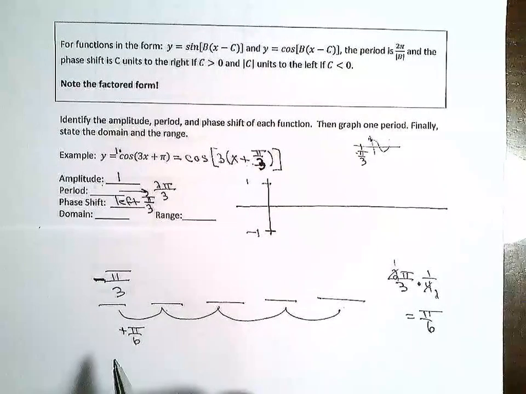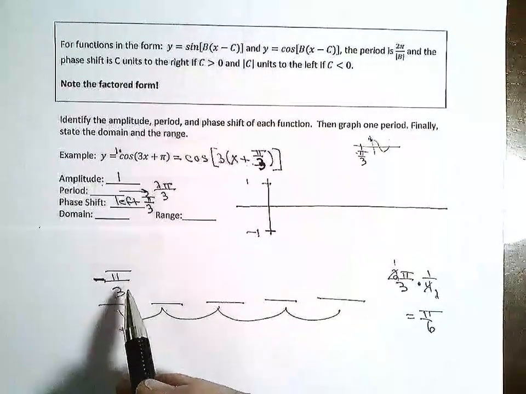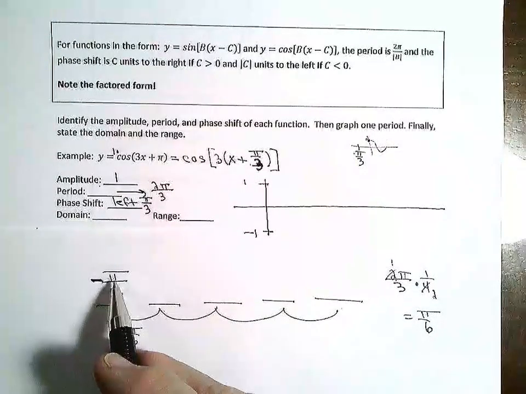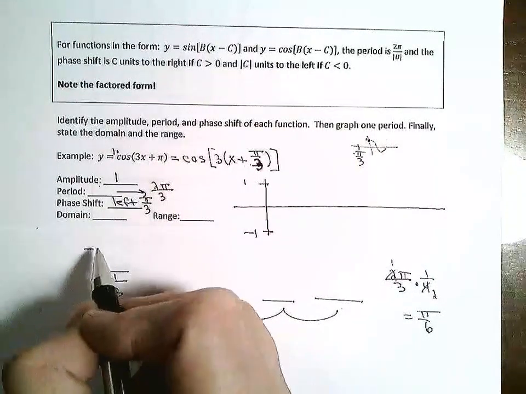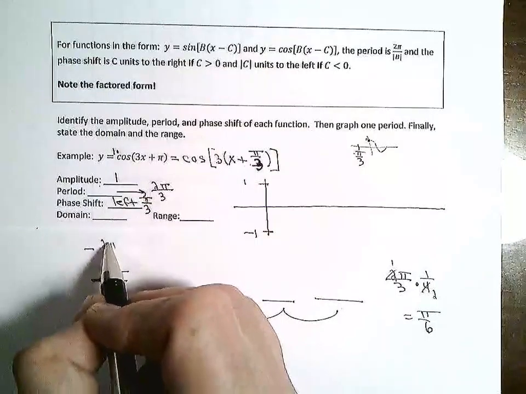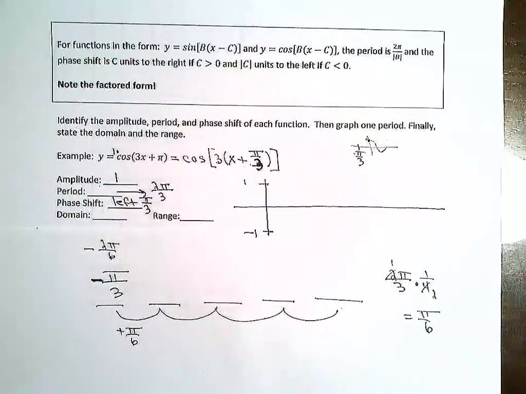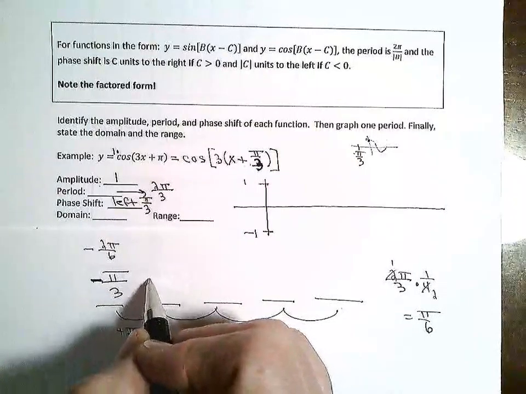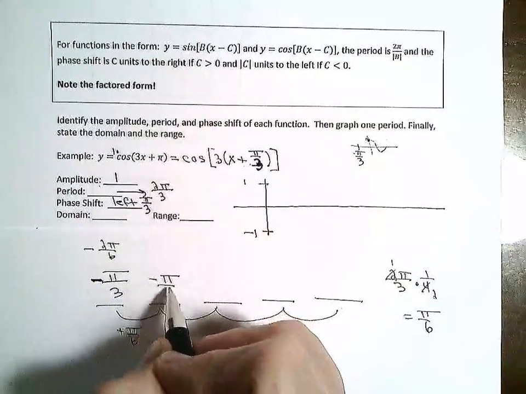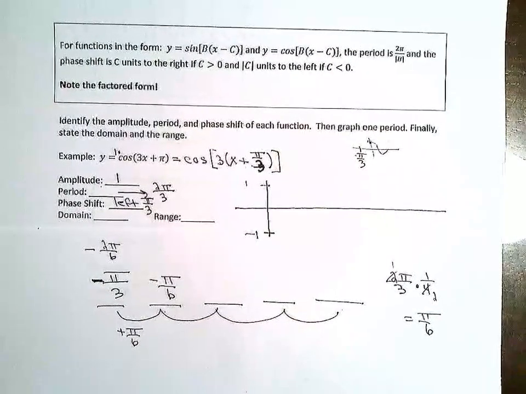All right, so if I take a look at this one, I'll notice that the negative pi over 3 is really the same as negative 2 pi over 6. So when I add the pi over 6 to that, I'm going to get negative pi over 6. So that's going to be my next value along the way.